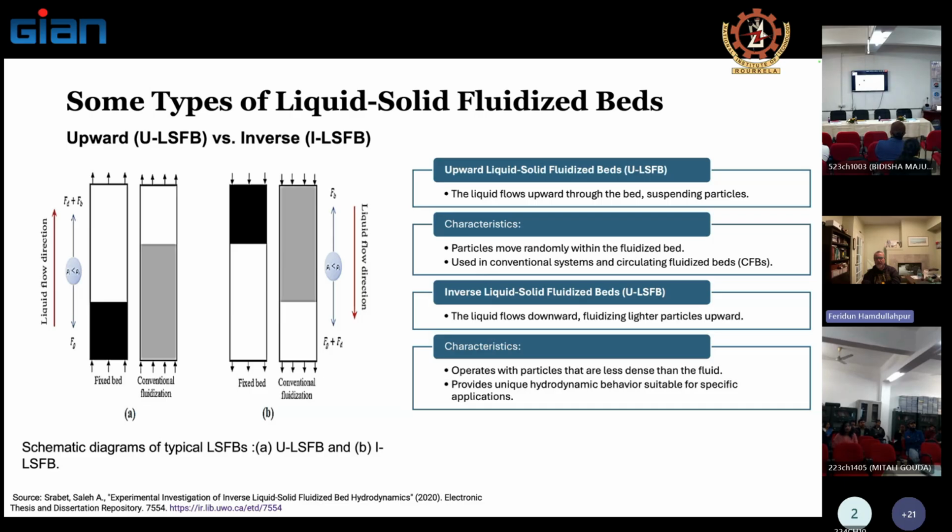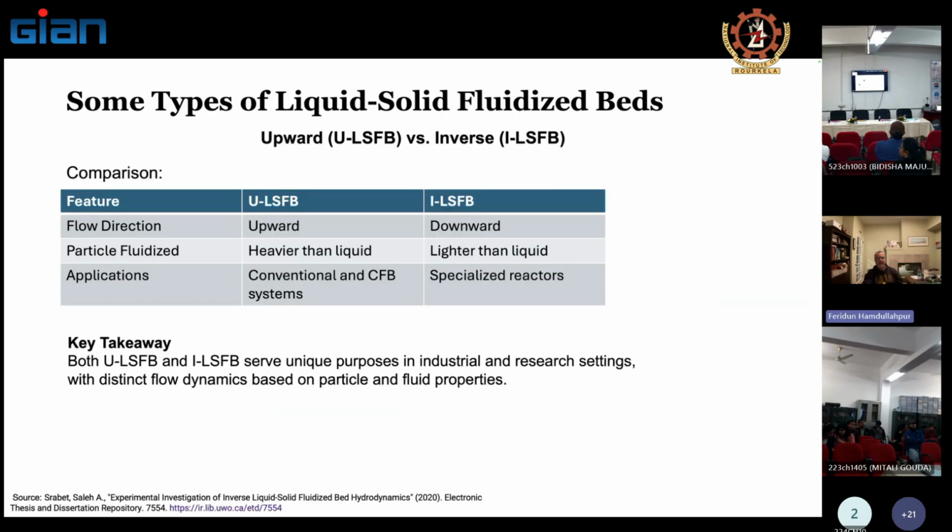So what are the characteristics? If it's inverse, it operates with particles that are less dense than the fluid and provides unique hydrodynamic behavior suitable for specific applications, and of course the upward one is the opposite and more suitable for CFB type of liquid.